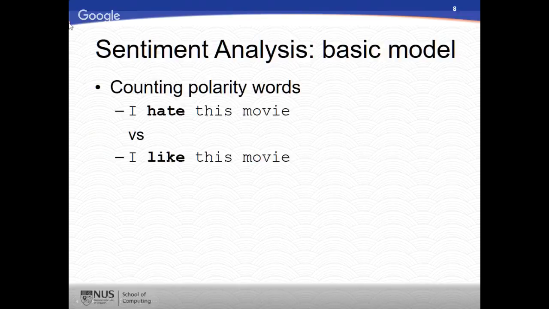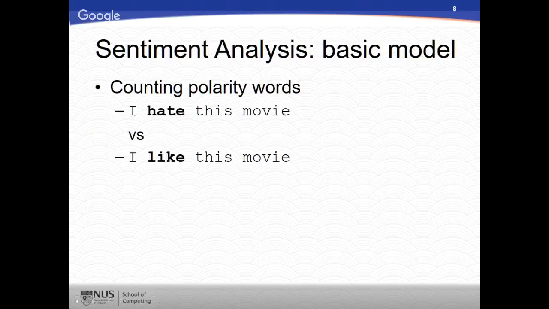So the basic algorithm, the most naive model, is to count the polarity words. Given a sentence, we just count how many positive words and how many negative words there are. Then we get our first baseline for sentiment analysis.